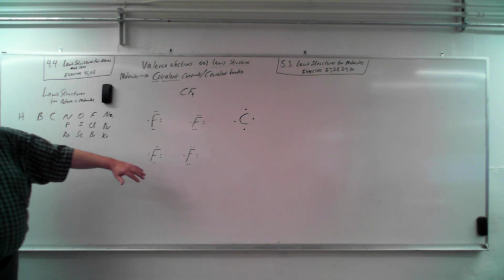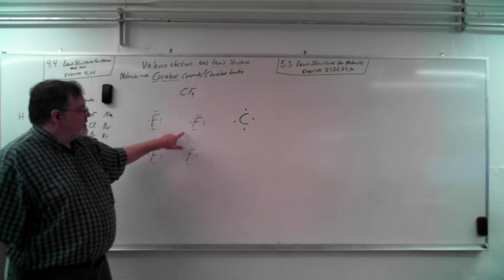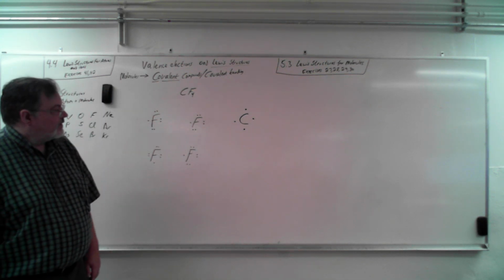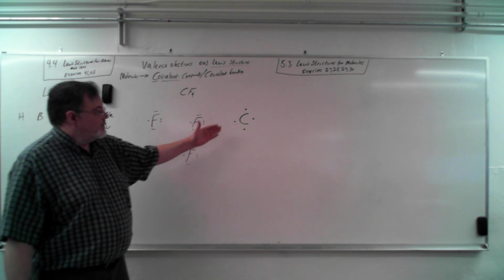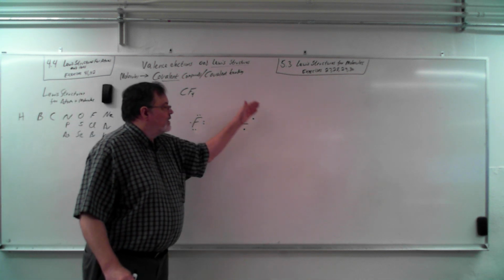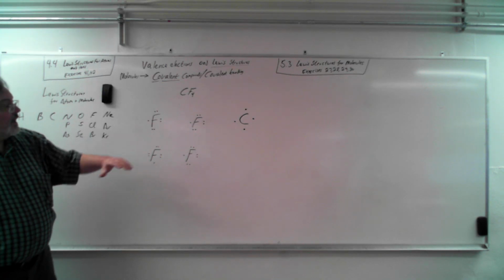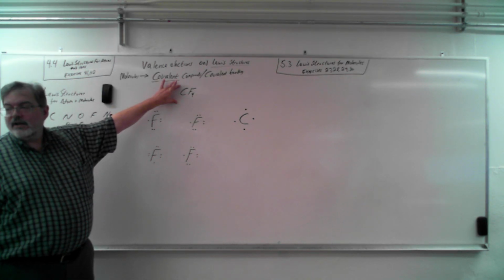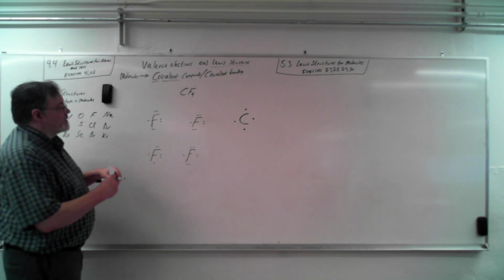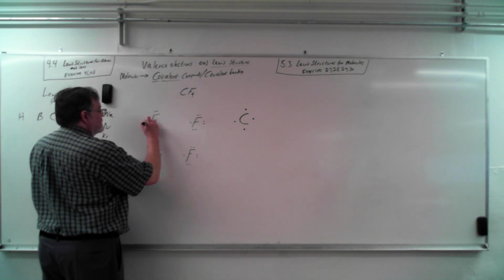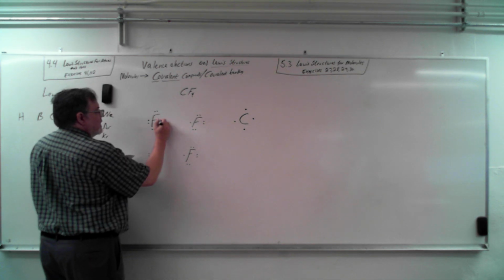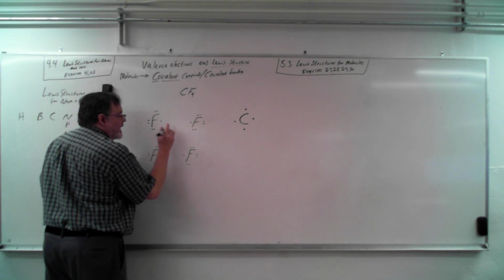You look at this and you go, there's 4 here, and each of these with 1, you can kind of figure out that the overall structure is going to be this with 4 fluorines sticking off of it. There's really nothing else you can do here. If all of these need to go together in a molecule, and you first start off by trying to do this, you look at 2, 4, and you go, hey, I can make a bond.